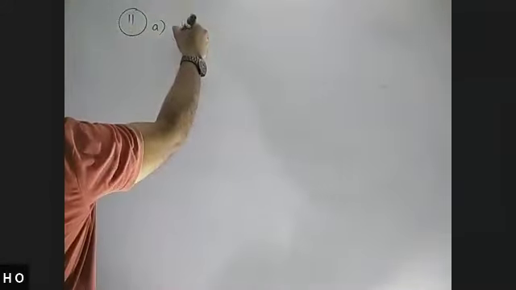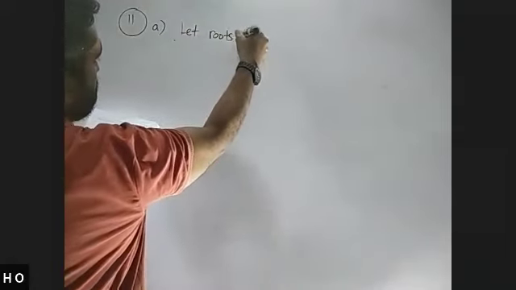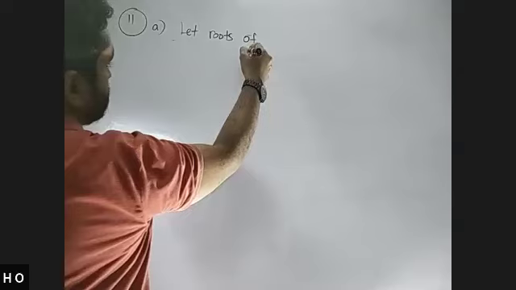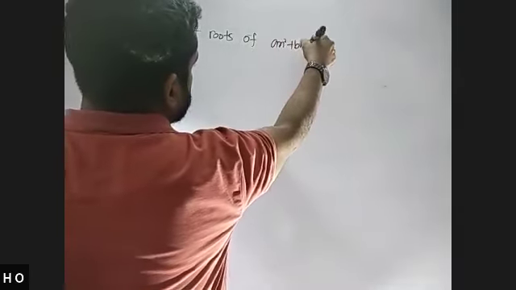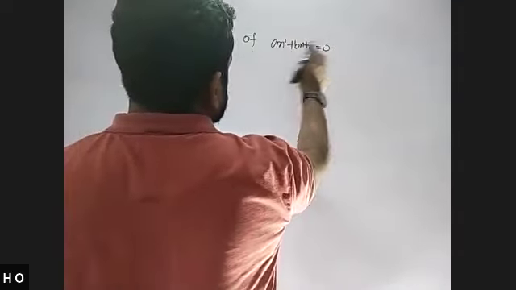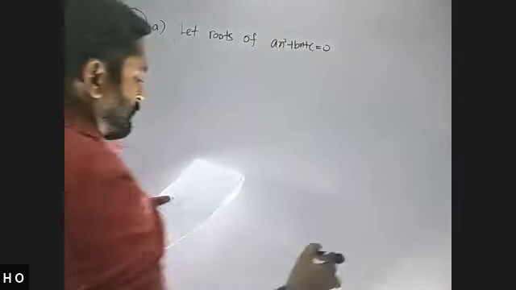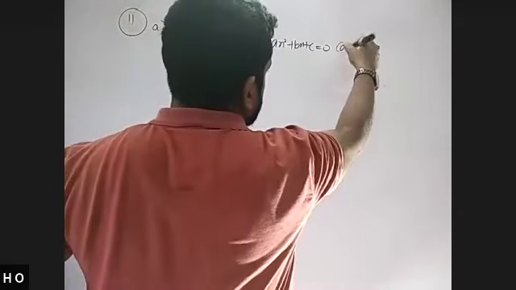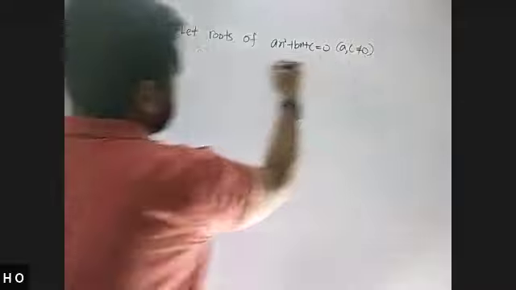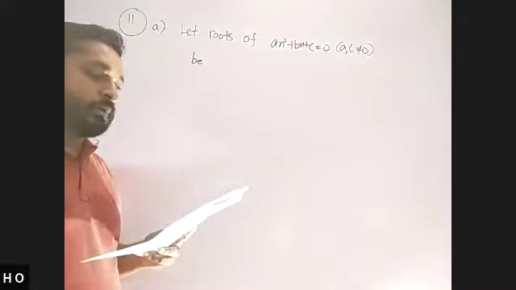All right. So you can mention: let the roots of ax squared plus bx plus c equals 0, where A and C are not 0, be in the ratio lambda to 1.